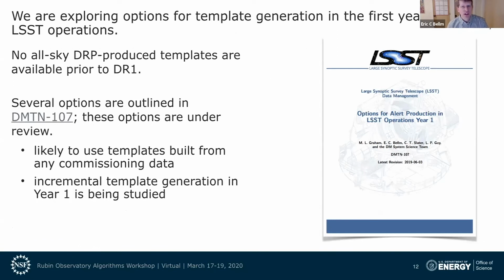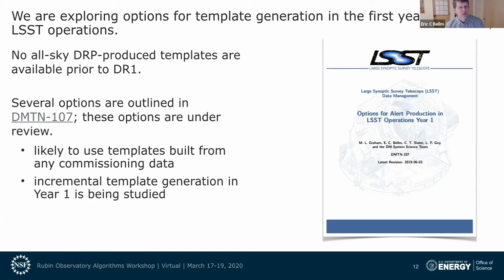In the first year of the Rubin Observatory LSST survey, we won't have all sky templates produced by data releases. Those will be generated in DR1. And so we're still discussing what our options are for doing alert production in the first year of the LSST survey.